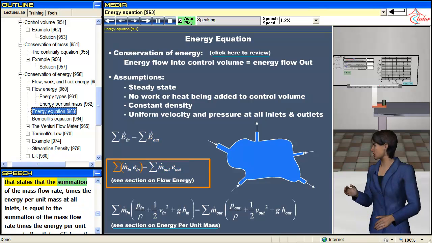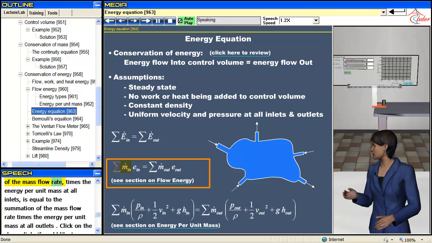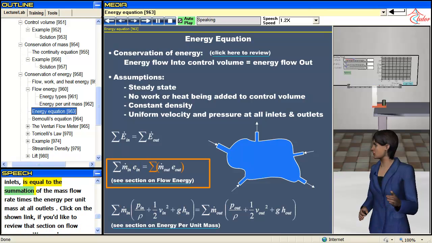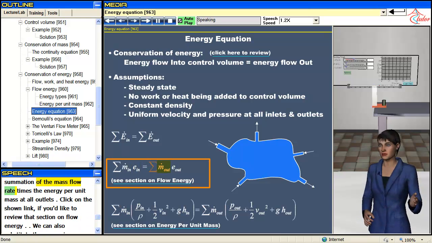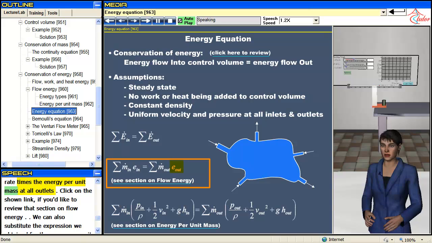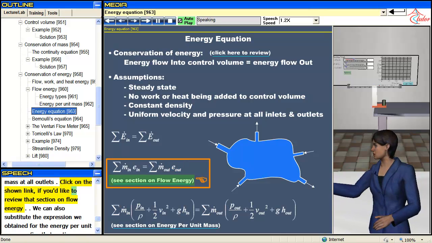That states that the summation of the mass flow rate times the energy per unit mass at all inlets is equal to the summation of the mass flow rate times the energy per unit mass at all outlets. Click on the shown link if you'd like to review that section on flow energy.